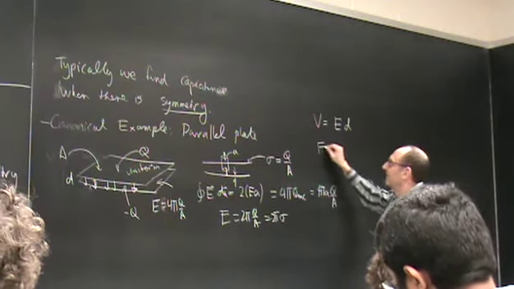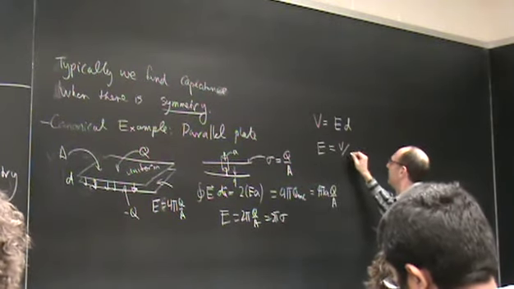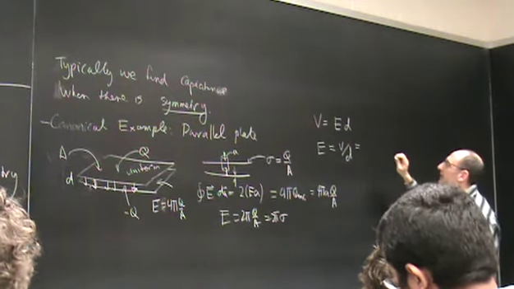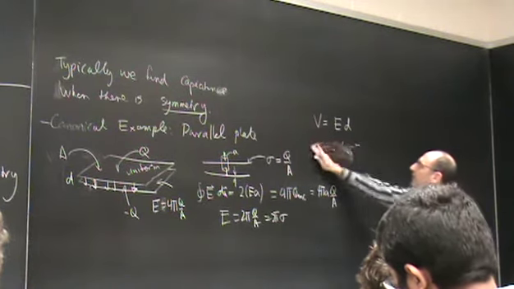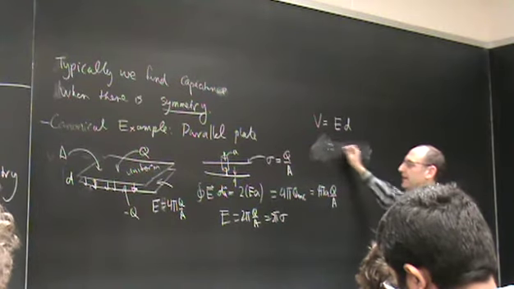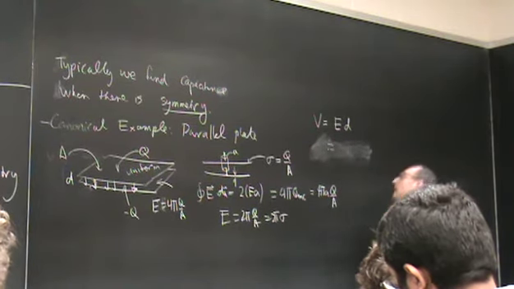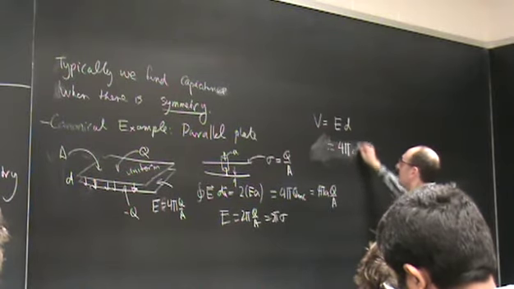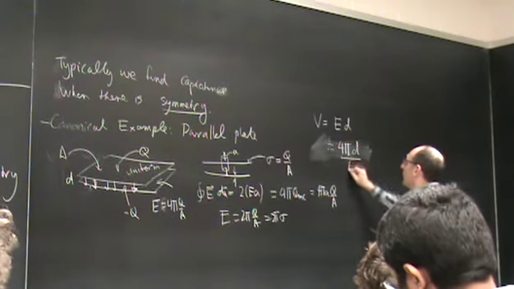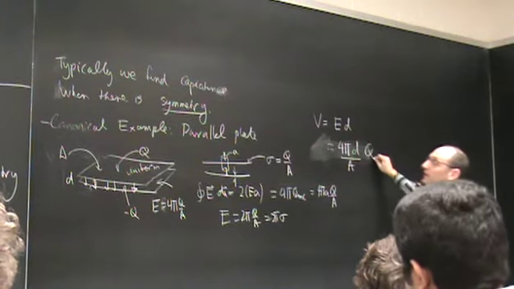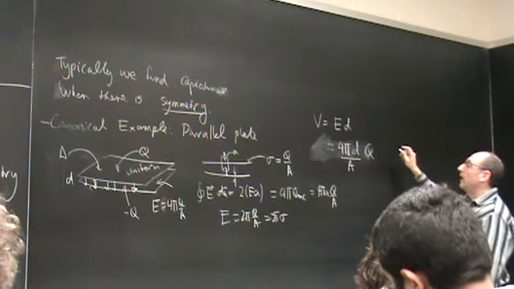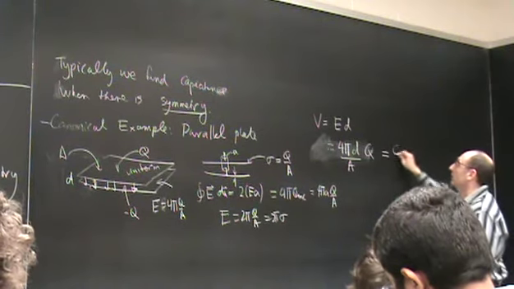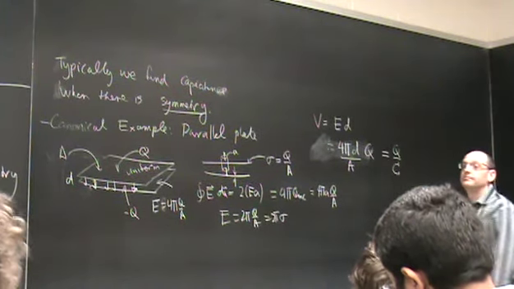So, and that's, oh no, we want the other thing, volts, right? So this is then equal to 4 pi d over A times Q, and the voltage is equal to Q over the capacitance.